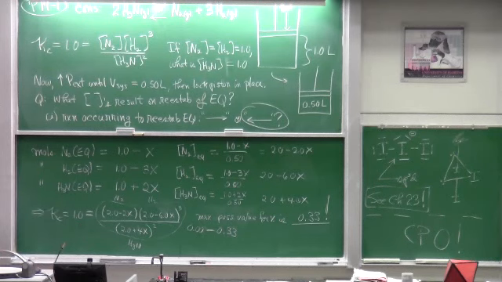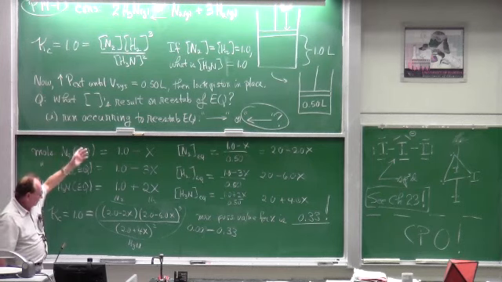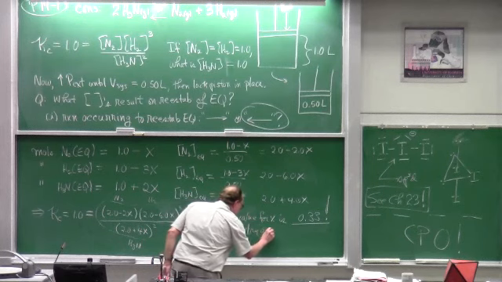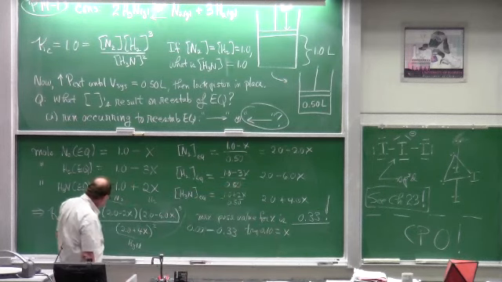Pick me a simple value. 0.10. 2 sig figs. We got to do this arithmetic to 2 sig figs because every component from an arithmetic standpoint for this system is expressed to 2 sig figs. All right, all right. Try 0.10 equals x. Now let's look at this.